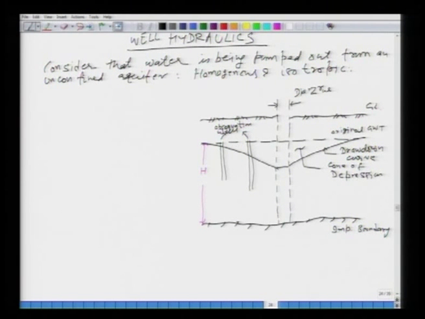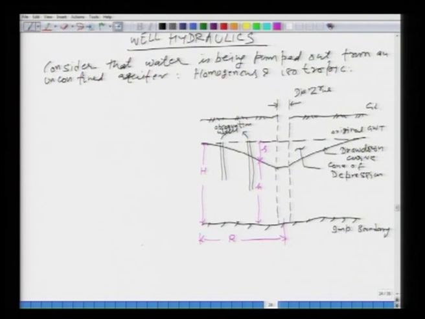We are going to measure everything from the center of the well. Let us say this is capital R, and we will define all these things. At any distance r from the well, let us say this distance is S, and the height of the groundwater table is, let us say, H from the bottom of the aquifer.